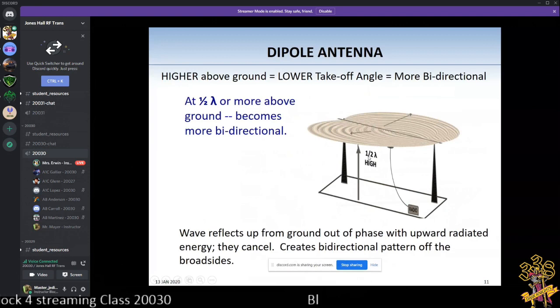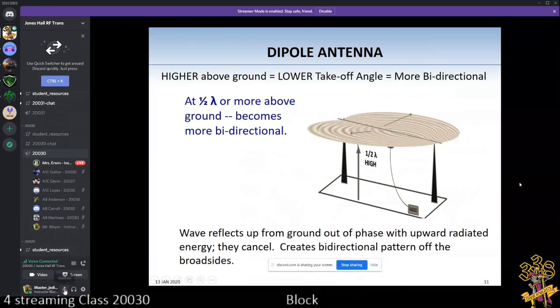Now, a half wavelength is determined by what frequency you're operating at. Okay? So it's going to change for every frequency. So when you know what frequency you're operating at, then you can calculate your wavelength. And half of that is how high this would have to be above the ground to give you this bidirectional pattern. That's how it's intended to be used, to be a bidirectional, horizontally polarized antenna.